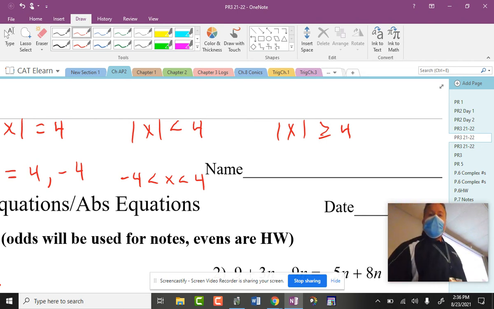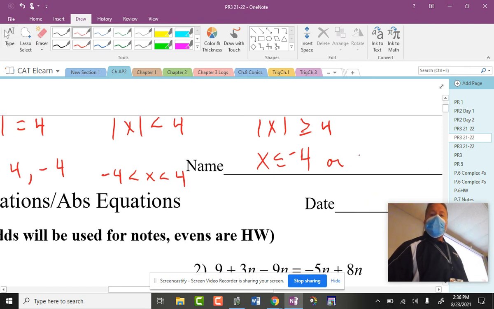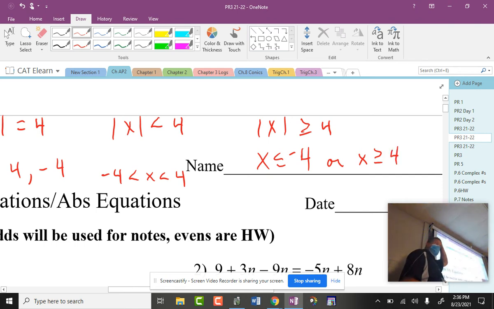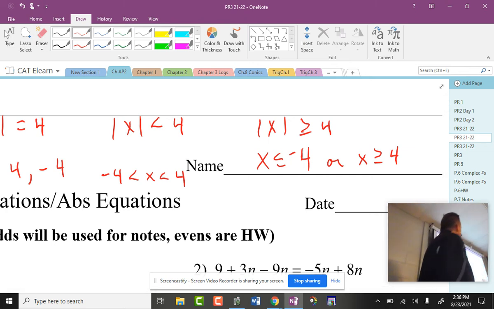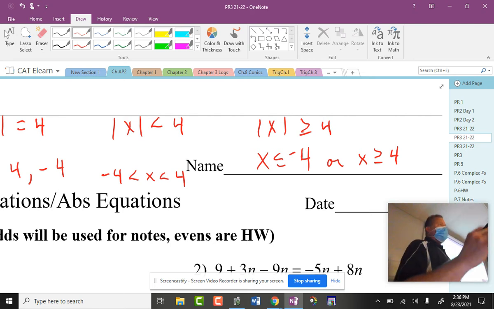So what would be the true answer for this? All numbers that are less than or equal to -4, or all numbers that are greater than or equal to 4. So it's one or the other, and those would be the ones that you listed.